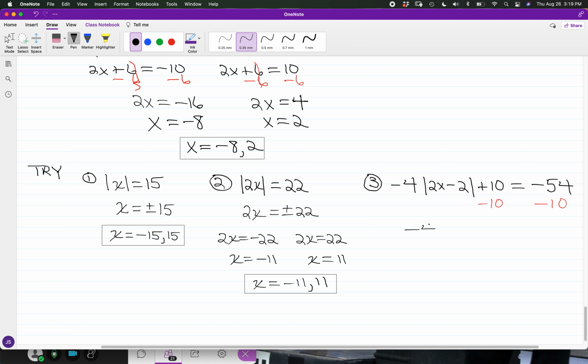So we have negative 4 times the absolute value of 2x minus 2 is equal to negative 54 minus 10. So this will be negative 64. And to take care of the negative 4, we'll use division.